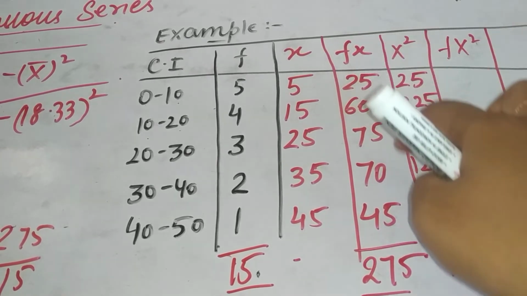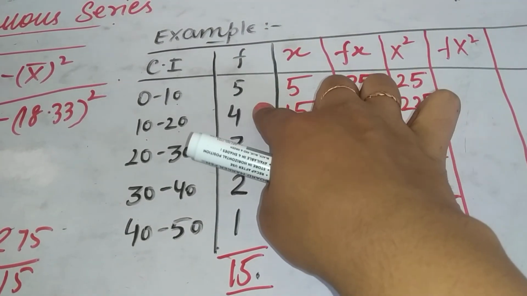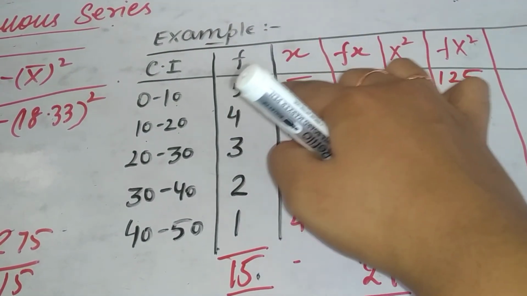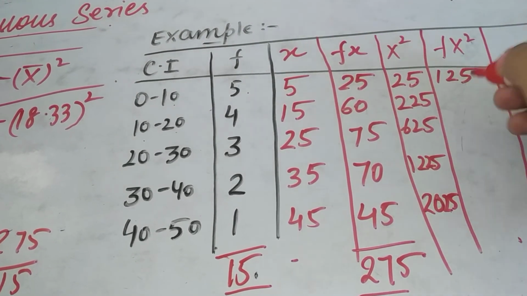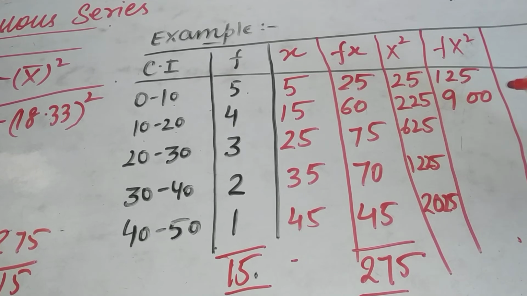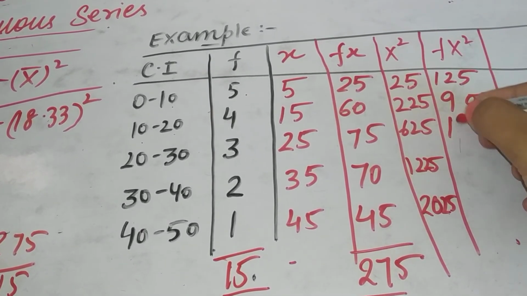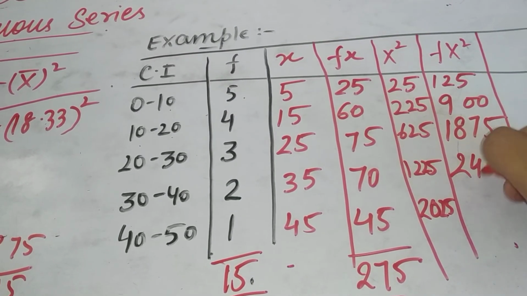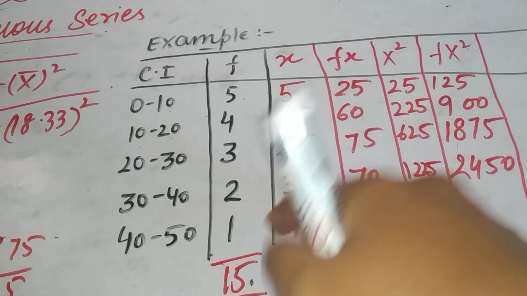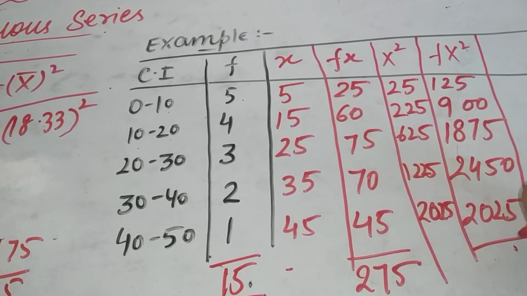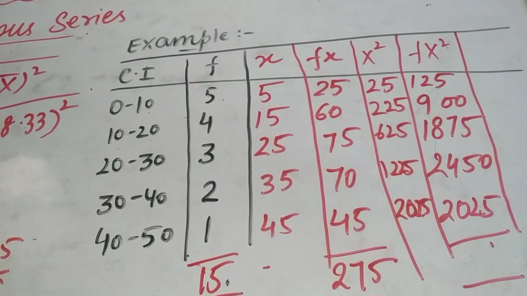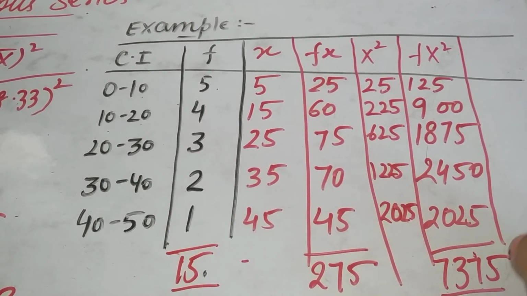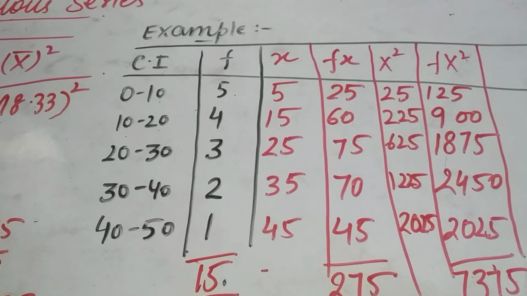Now multiply this x square with frequencies. 5 into 25 is 125, 4 into 225 is 900, 625 into 3 is 1875, 1225 into 2 is 2450, and 2025 into 1 is 2025. Now add them. This will be 7375.